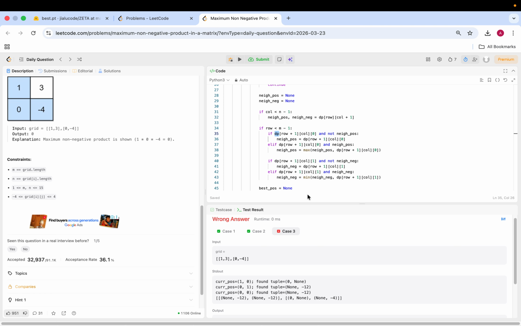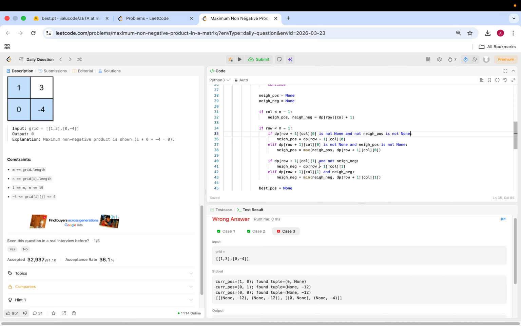Oh, because it's 0, which is not none. I forgot about that. I have to be really explicit. Is not none, and neighbor position is not none.